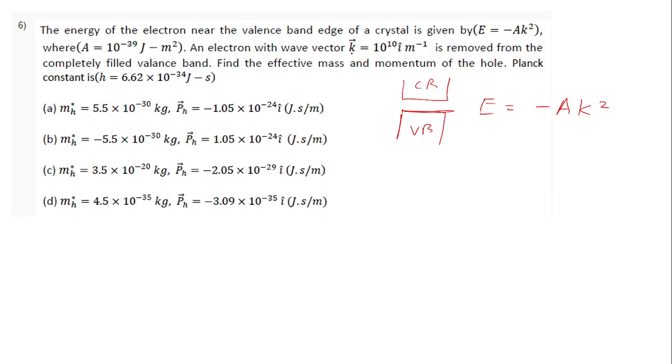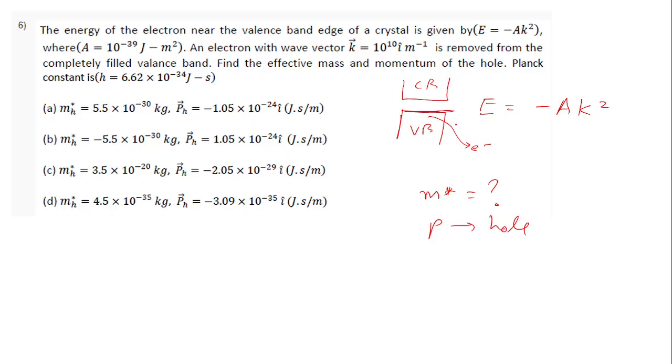An electron with wave vector 10 to the power 10 per meter is removed from the completely filled valence band. Find the effective mass and momentum of the hole.